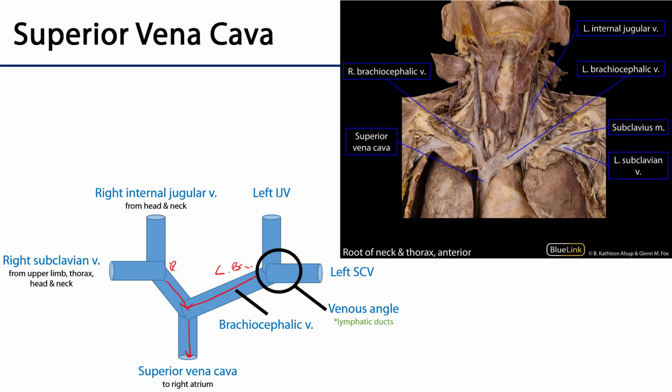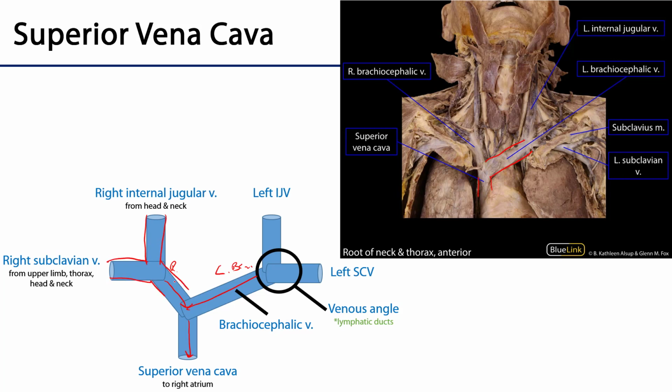If we look on the cadaveric image here, we can see there's the superior vena cava. We have a very long and oblique left brachiocephalic vein crossing over the superior mediastinum there. These brachiocephalic veins are formed by the confluence of internal jugular veins with subclavian veins.